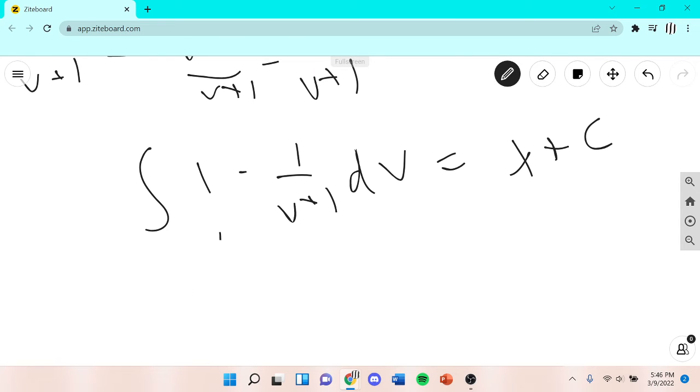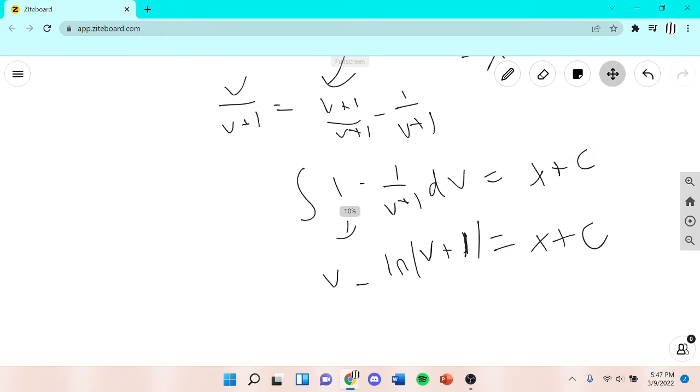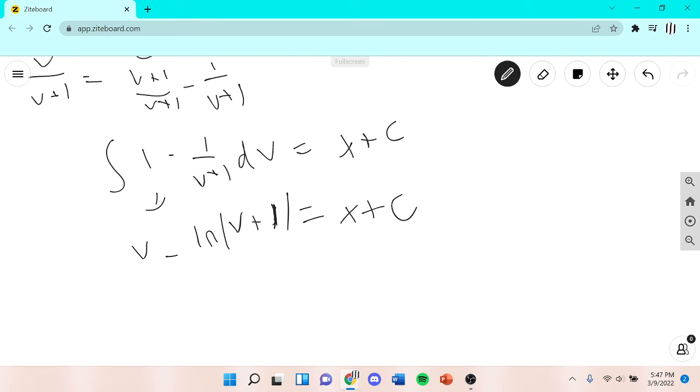And then we can integrate this. We're doing it with respect to v, so this becomes v minus, well, the integral of 1 over v plus 1 is just ln of v plus 1, and that's going to be equal to x plus c. And then remember what we set: v equals x plus y.